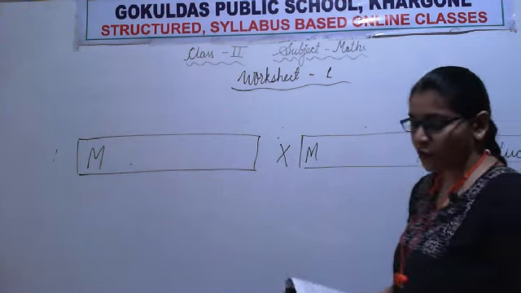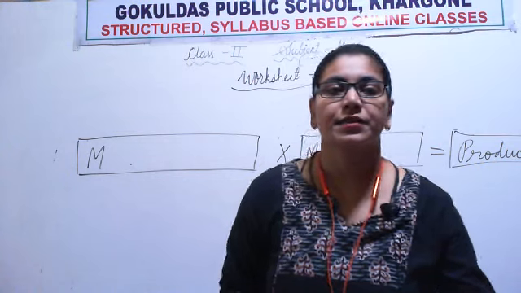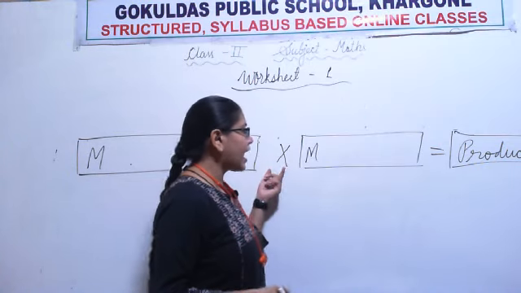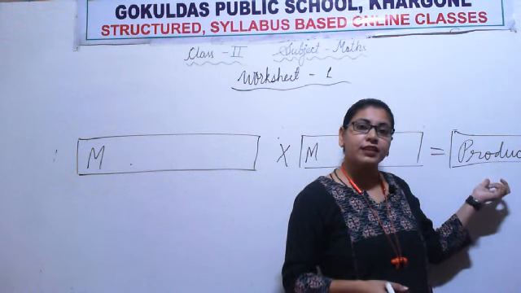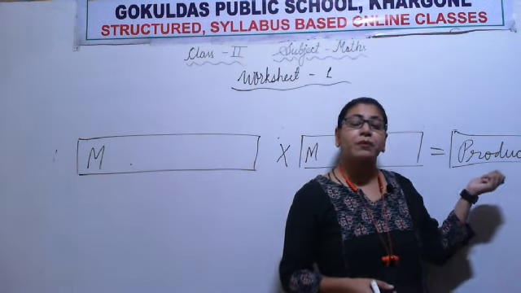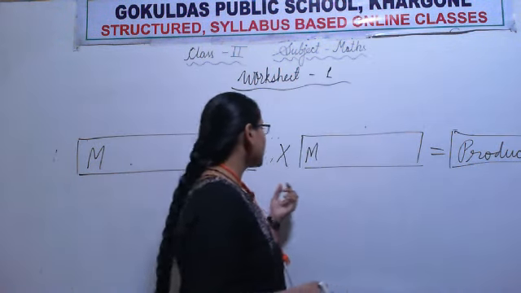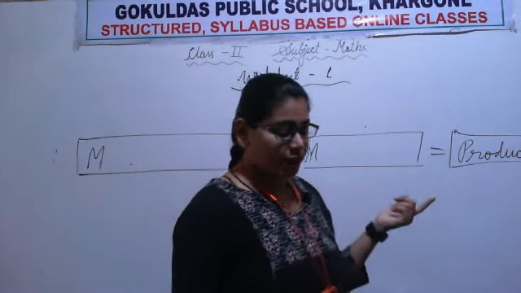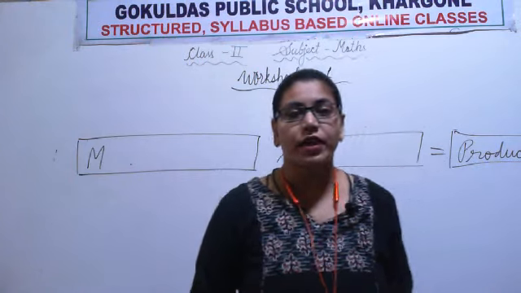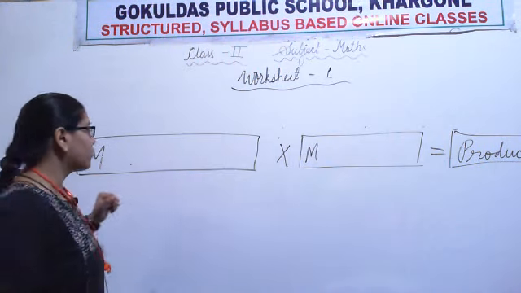So what we can understand by this, multiplication sign and product is written there. So what is product? Product is the result of a multiplication sum. So it means multiplicand into multiplier is equal to product.